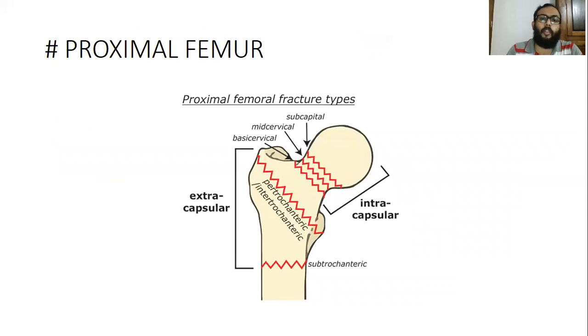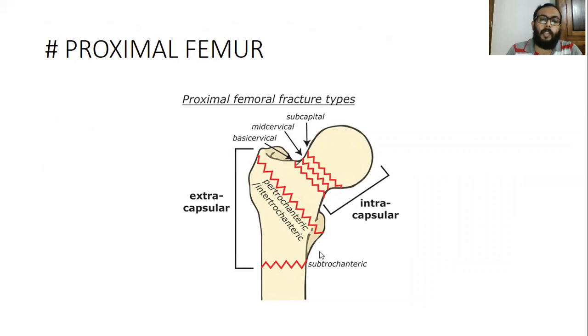This is the division of neck of femur fracture. Up to the distal end of the neck, it is intracapsular. This neck of femur fracture is divided into three: subcapital, transcervical or mid-cervical, and basicervical, which are included in the intracapsular fractures. And the extracapsular fractures are divided into intertrochanteric and subtrochanteric.